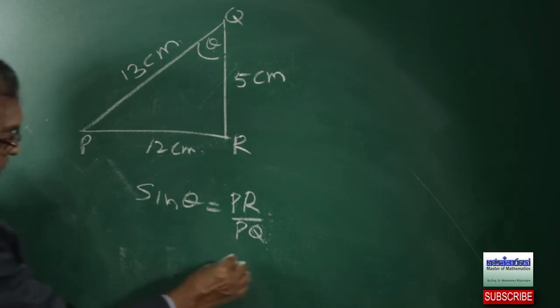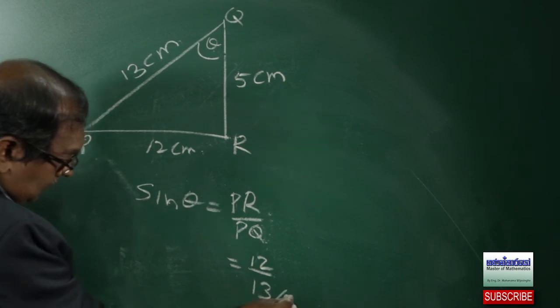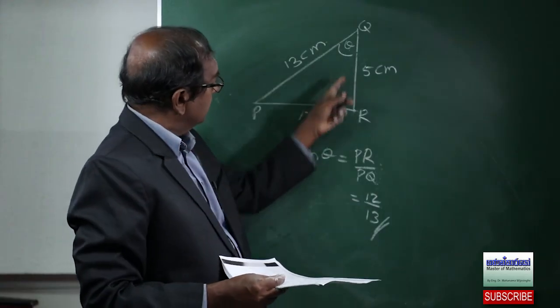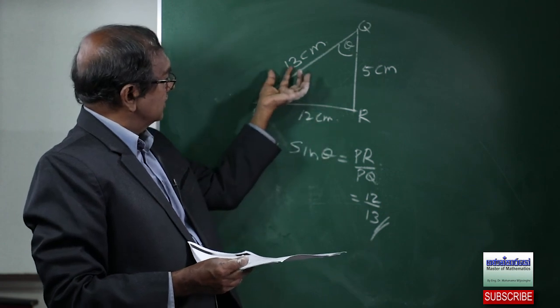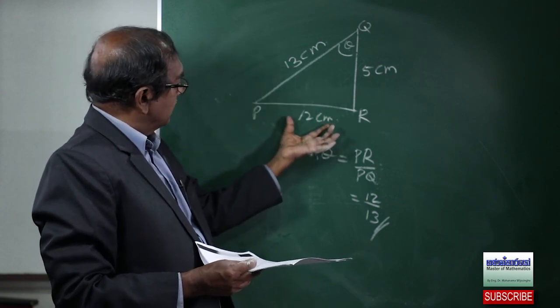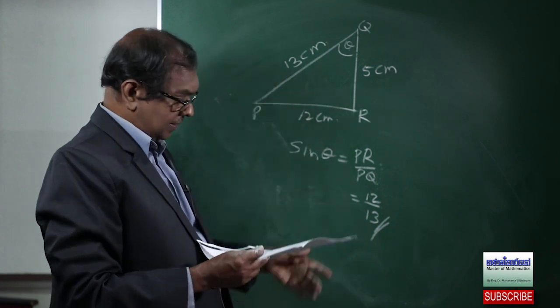PR is 12, divided by 30. Normally sin theta equals opposite side divided by hypotenuse, PR divided by PQ, this is 12 divided by 30.